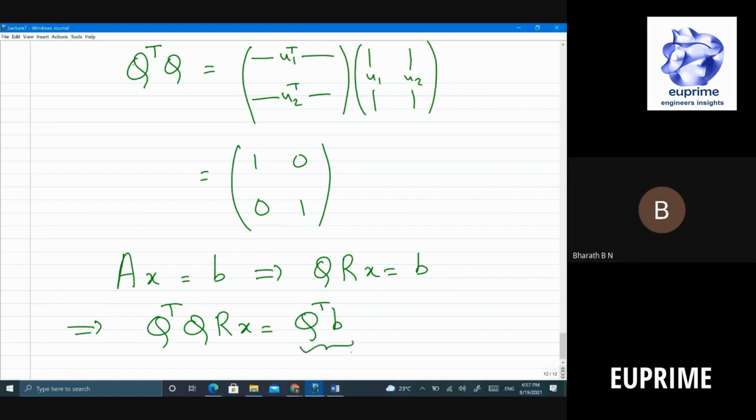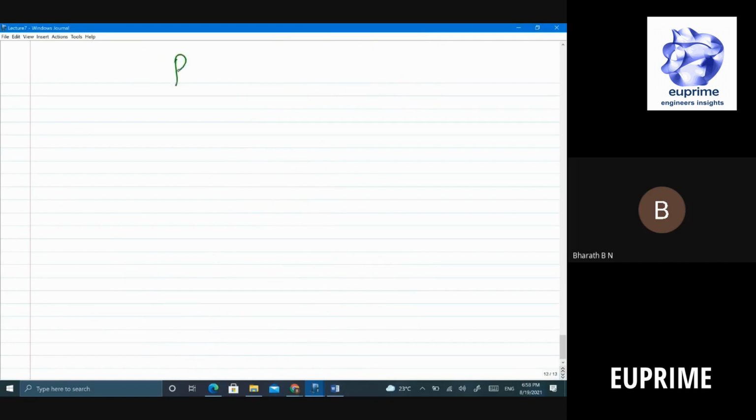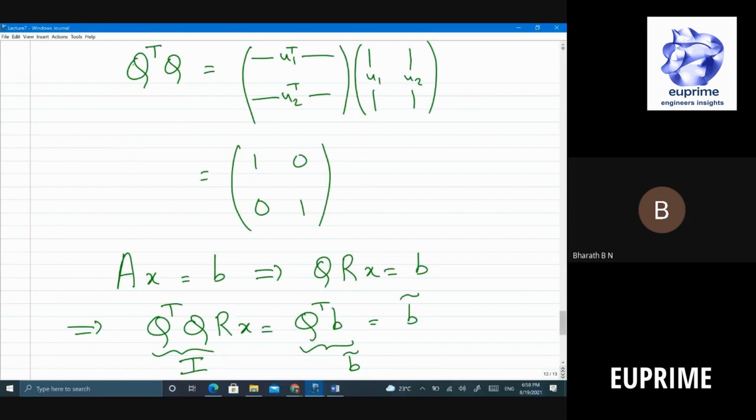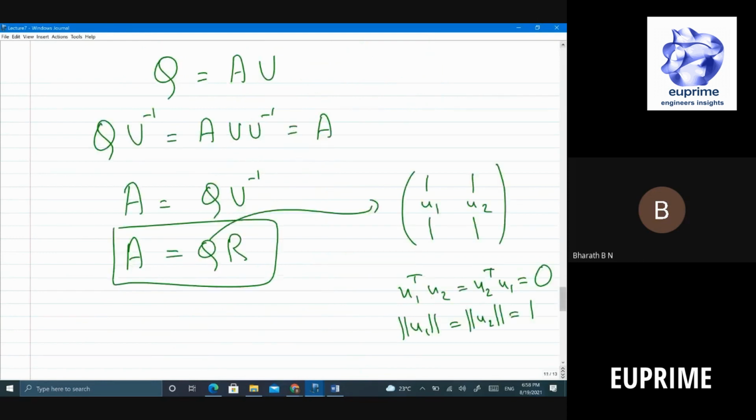So let me call this B tilde, right? Now what can you say about Q transpose Q? Identity, right? What do we have? R X is equal to B tilde. So how does R X look like? U is upper triangular, U inverse is lower triangular, right?